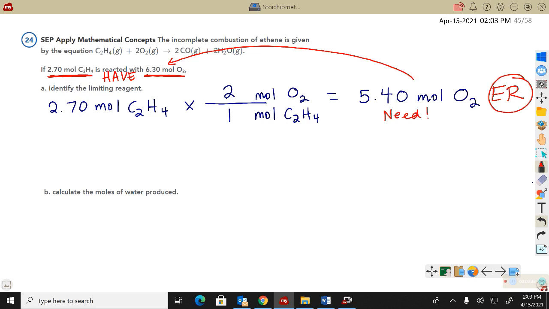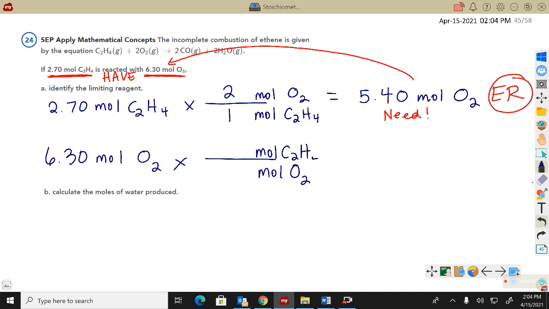Now, if you would have done this in the other order, let's say you would have chosen the 6.30 moles of oxygen to start with. Now, you don't have to do both, but if you did, you would say, all right, let's cancel moles of oxygen and switch it to moles of the other reactant. We're trying to determine the limiting reactant or reagent.